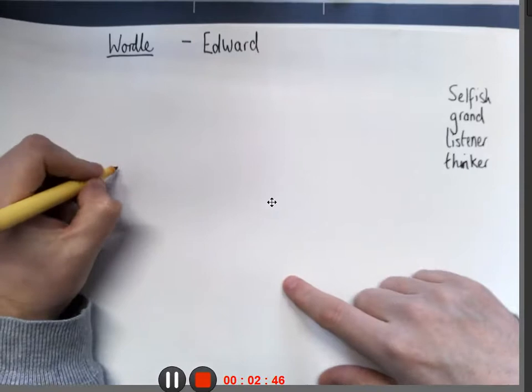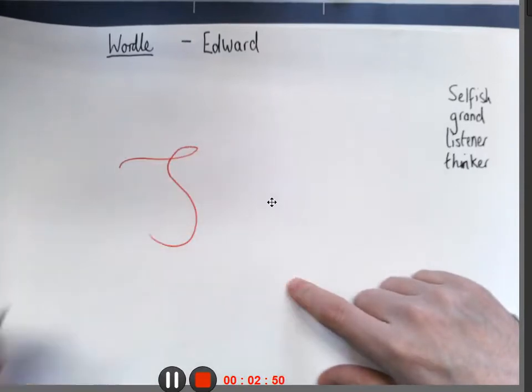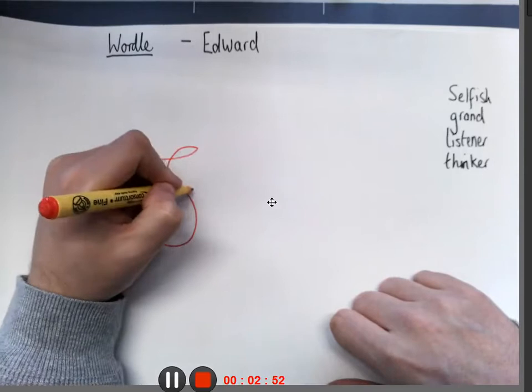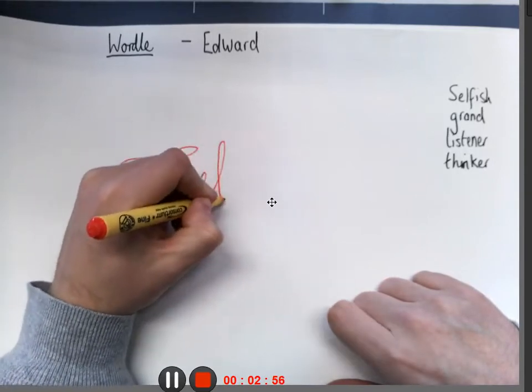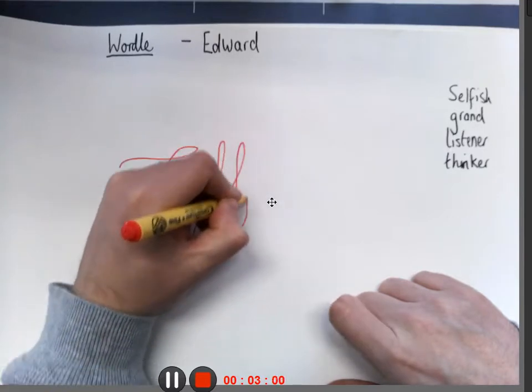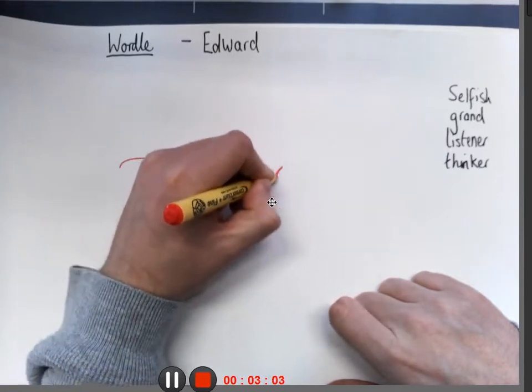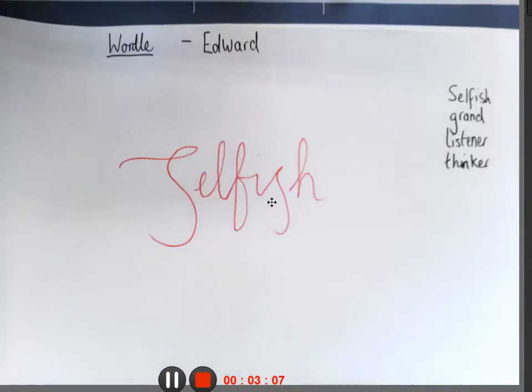Okay, so I'm going to use some of my calligraphy skills here to write this word in a nice font. There we go. So I've got the word selfish. Again, like I say, it's quite large because at the first part of the story, Edward was really selfish.